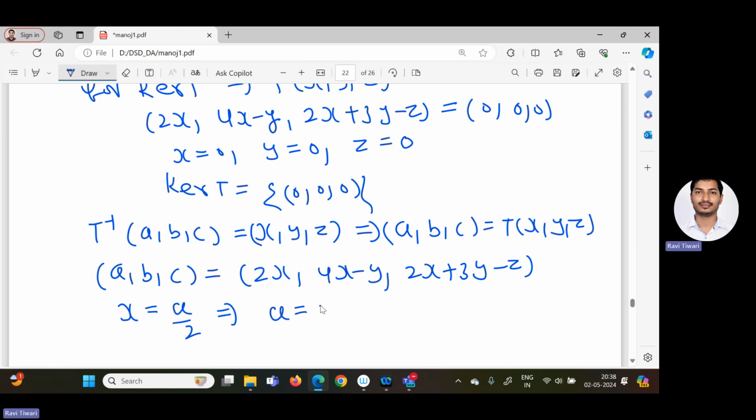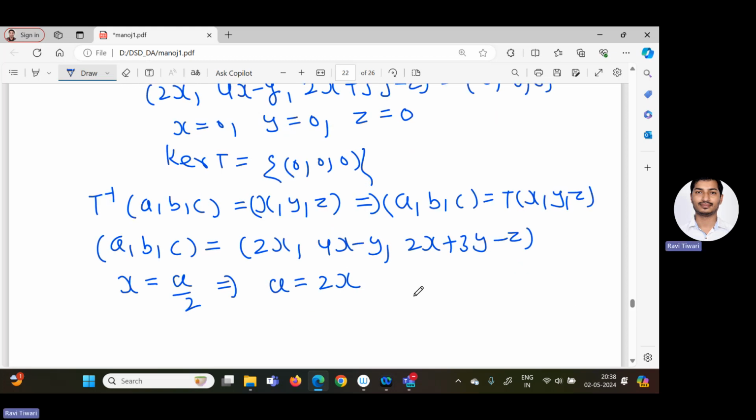Similarly, what will be the y value? 4x minus y equal to b is given. Here we got x as a by 2, so y equals 4x minus b, and with x equal to a by 2, that is 4 into a by 2 minus b. So the y value will be 2a minus b.